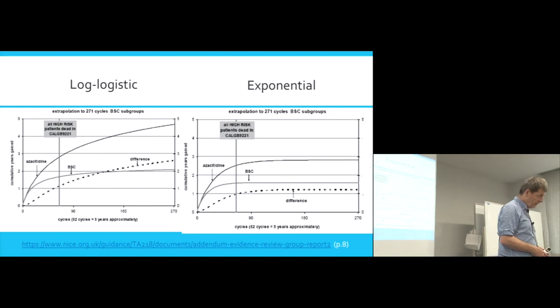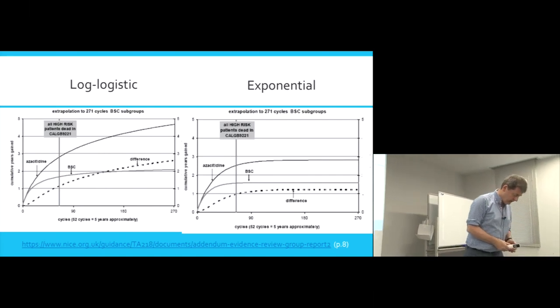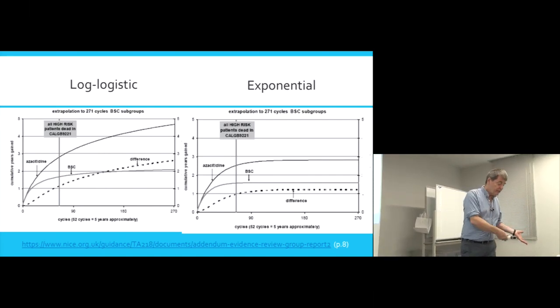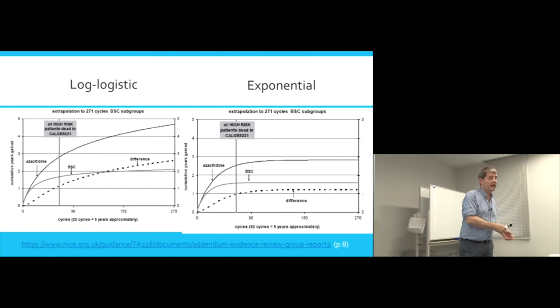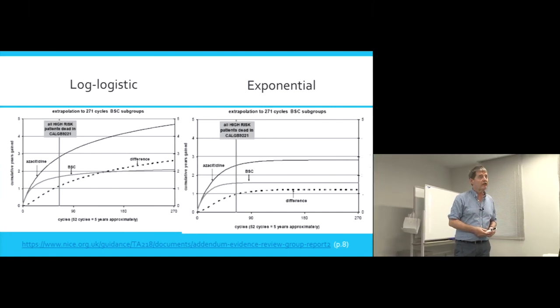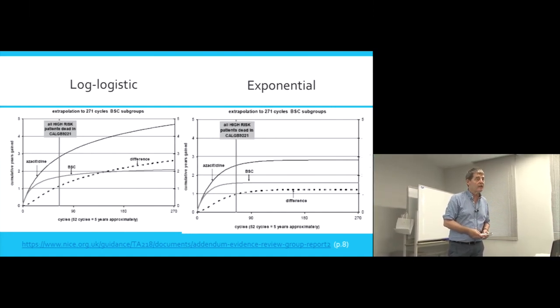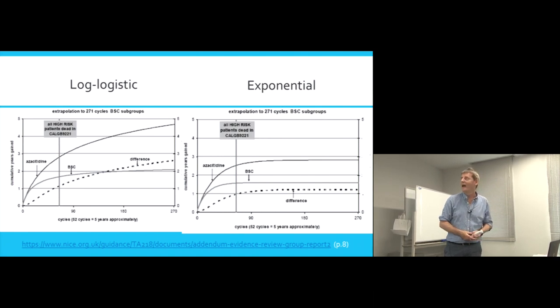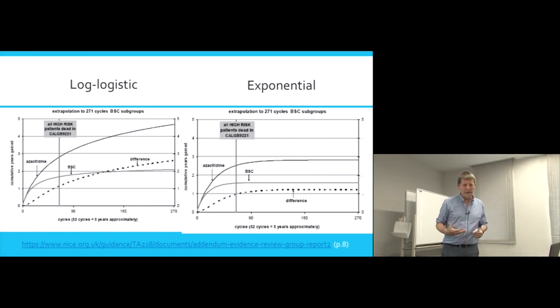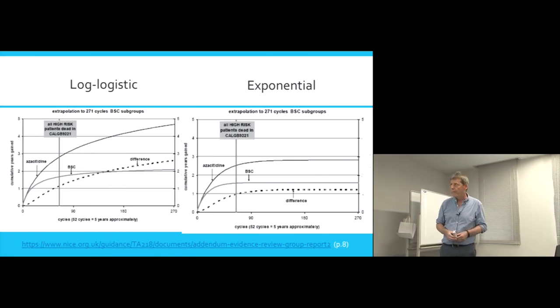So best supportive care is, if patients get an infection, we treat the infection. If patients need a transfusion, we transfuse them. Azacitidine is the alternative, and that's the new treatment, the active treatment.